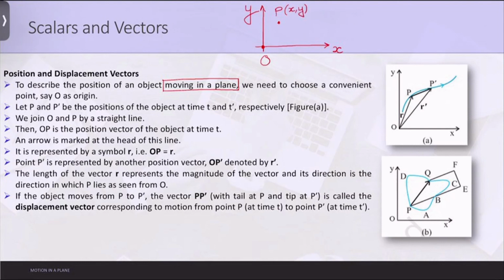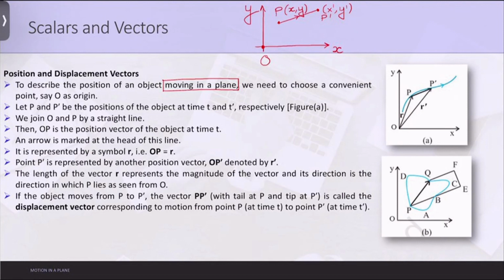As time went on, the object changed its position, and now this is a new position, P dash, with new coordinates x dash and y dash. So there was a movement from P to P dash, right?